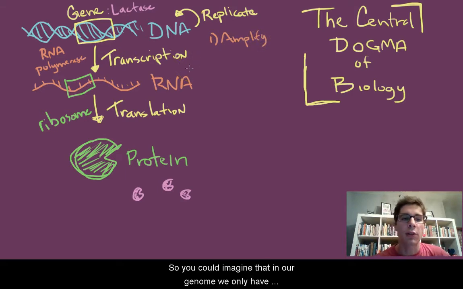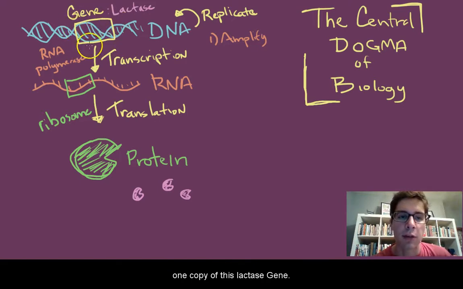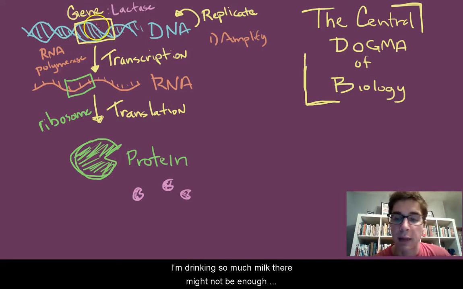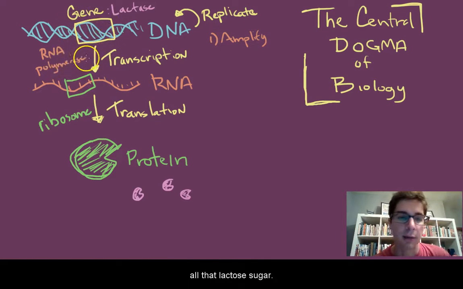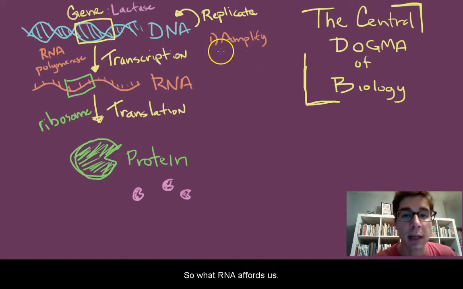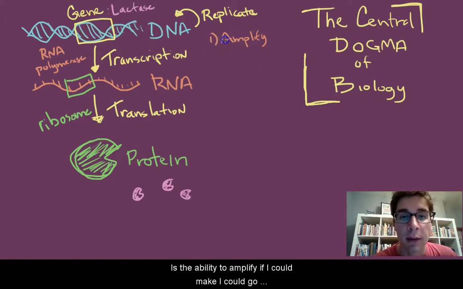So you could imagine that in our genome, we only have one copy of this lactase gene. So if I needed to make a lot of lactase in my cell because I'm drinking so much milk, there might not be enough time to get enough lactase enzyme out in time to digest all of that lactose sugar, I should say. So what RNA affords us is the ability to amplify.